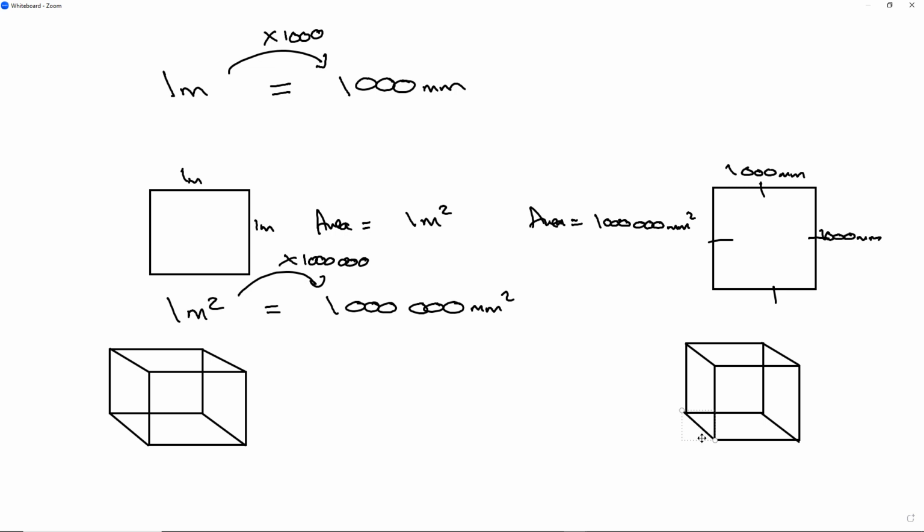And you can see on the left hand side over there, I'm going to make this 1 meter, 1 meter by 1 meter. Length, width, and height. And so for this over here, the volume is going to be 1 meter to the power of 3 now.